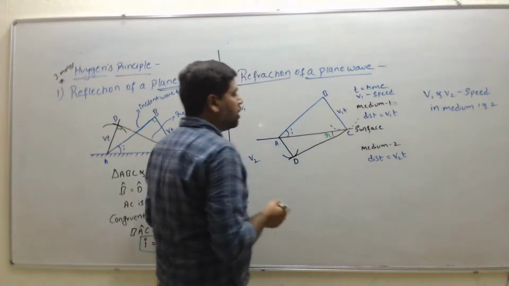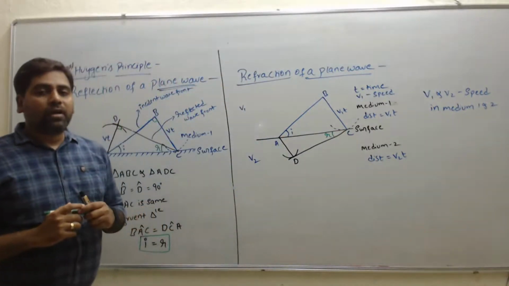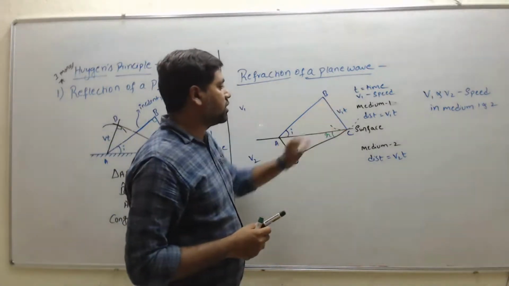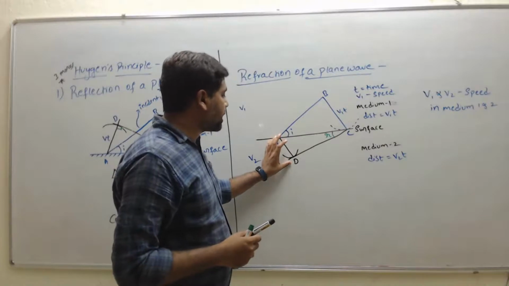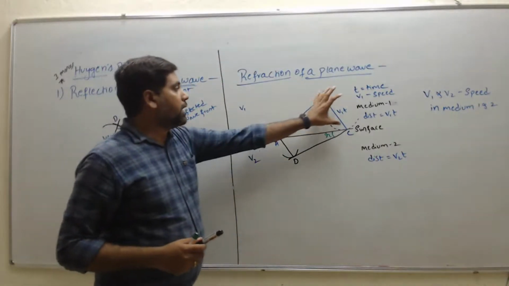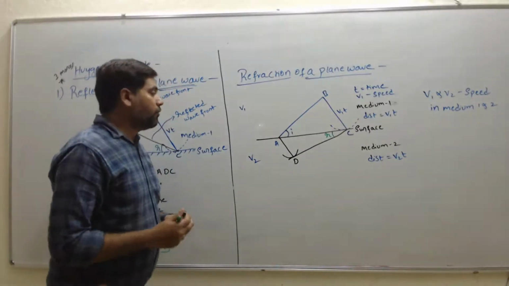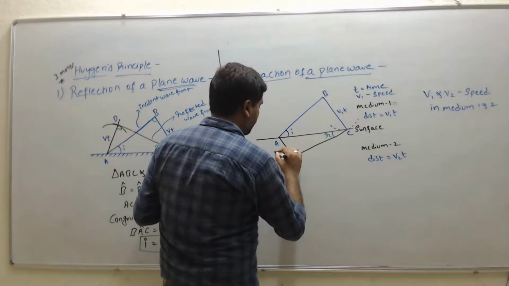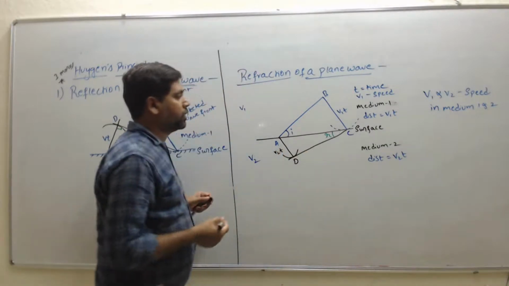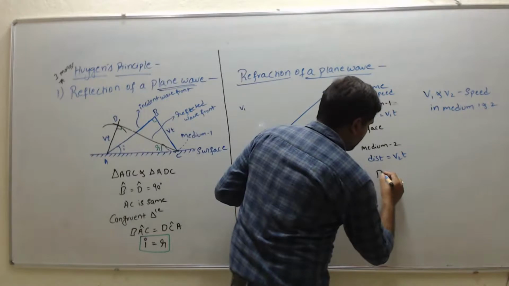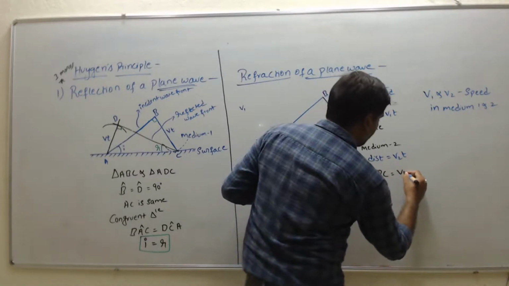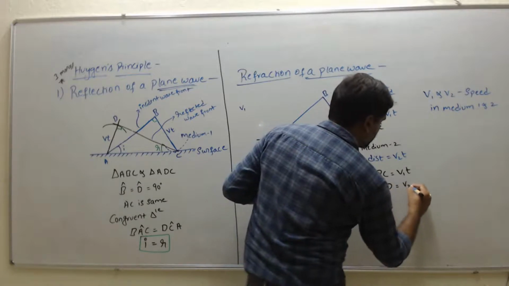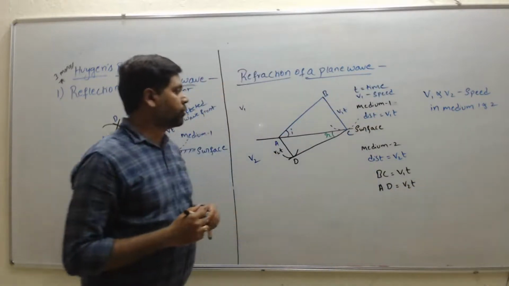So this angle r is the angle of refraction. If I observe, the distance AD is less than BC, because AD is traveled with speed v2 and BC with speed v1. So BC is equal to v1 t and AD is equal to v2 t.